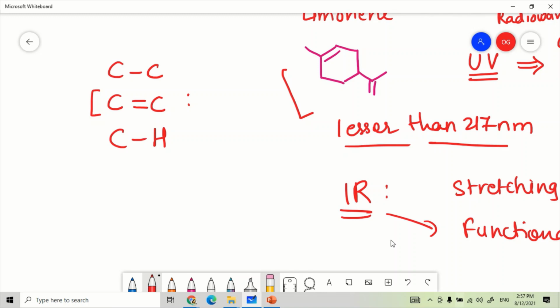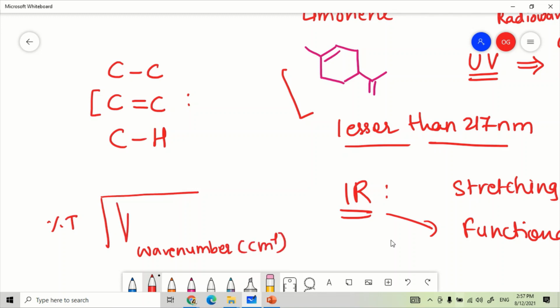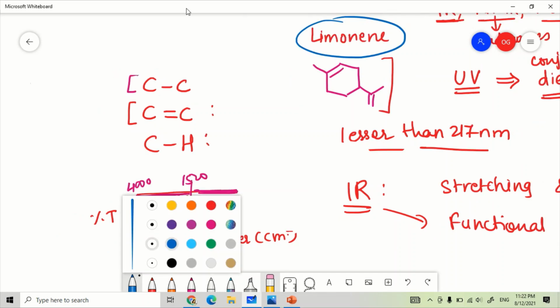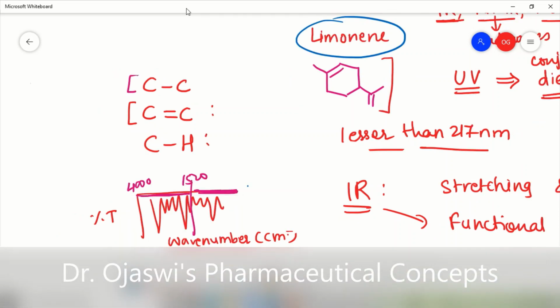If you can recollect, in my earlier video I explained that the IR spectrum is percent transmittance versus wave number, which is in centimeter inverse, and these all are the deep down curves. Now in this IR spectrum, the two parts are the functional group region, which is 1500 to 4000 centimeter inverse, and below 1500 centimeter inverse it is the fingerprint region.